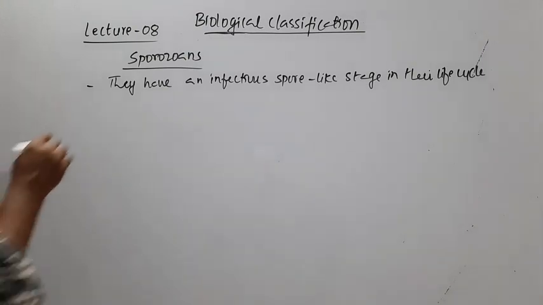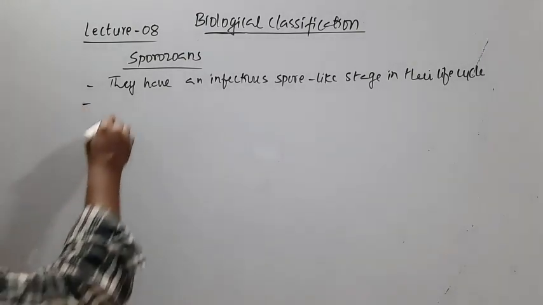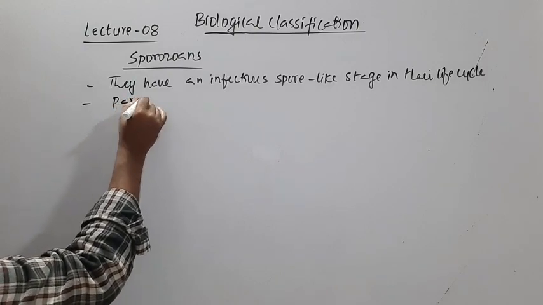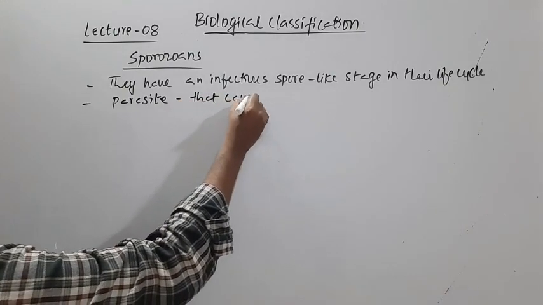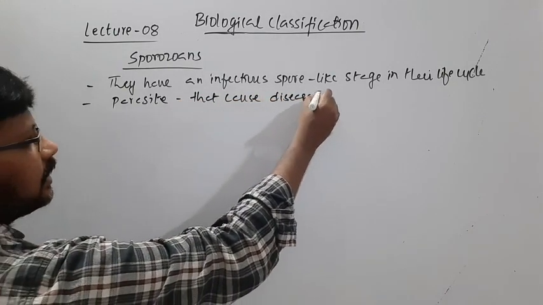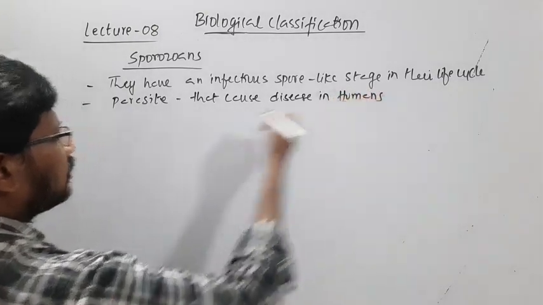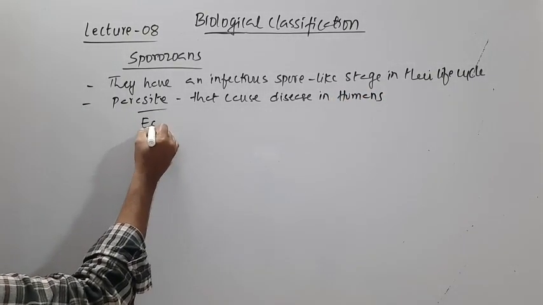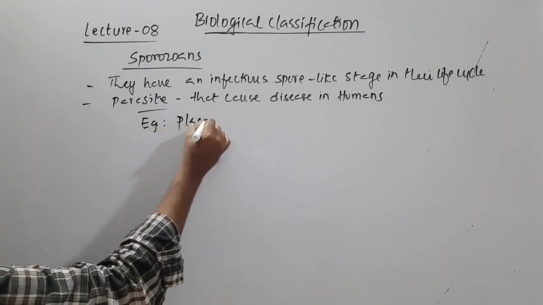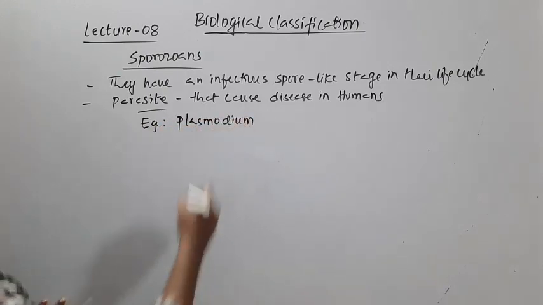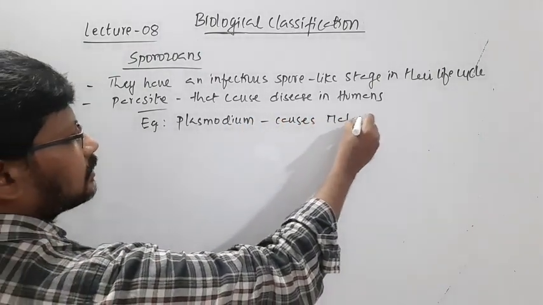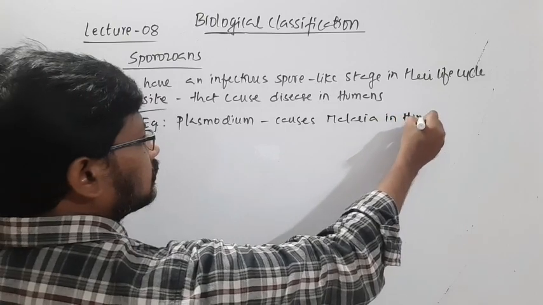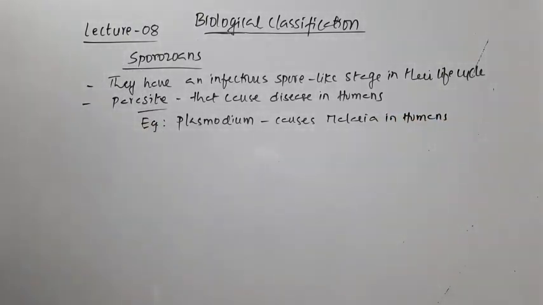This group includes parasites, and one such parasite that causes disease in humans is Plasmodium. Plasmodium causes malaria in humans.